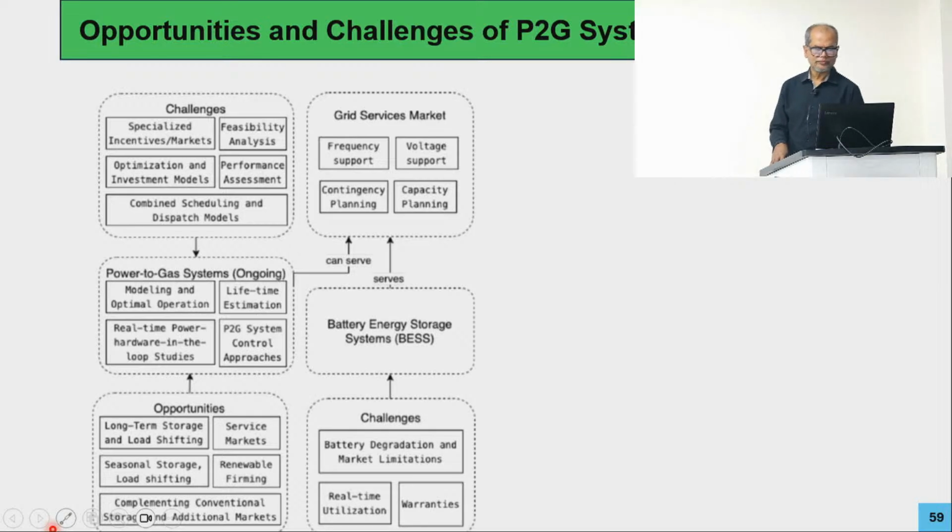So these are some of the challenges and more opportunities, probably. If you really want to work in this area, you can take this slide and see where you can contribute. If you are interested, you can develop some project and go on from there.